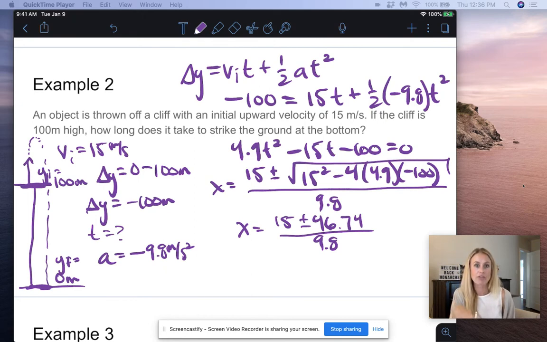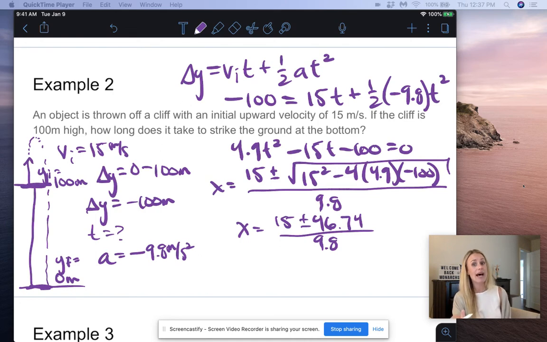Now, part of the reason I wanted to show you this is that we're solving for time here. So think about what you're solving for. Whenever you're doing a quadratic with kinematics equations, it's going to be for time, because this is the only quadratic really that you could ever be solving for something. Because we're solving for time, time can only be positive. So right away, I only have to solve for one of these, either the plus or the minus.